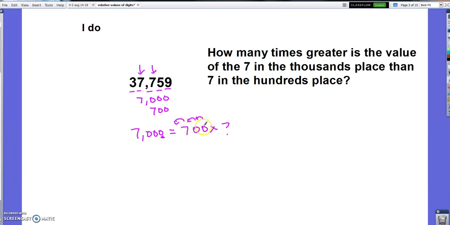So I would multiply 700 by 10 to get to 7,000. 700 times 10 equals 7,000. So the answer is the 7 in the thousands place is 10 times greater in value than the 7 in the hundreds place. This 7 is worth 10 times more than this 7. Alright, so that's how that works.